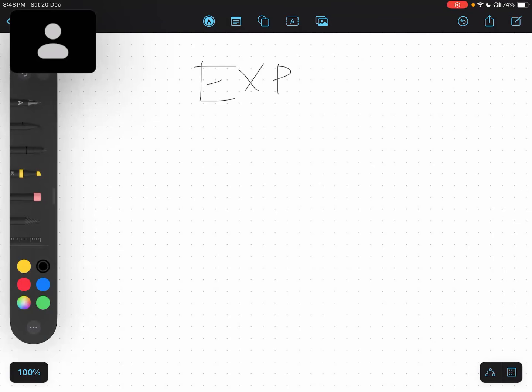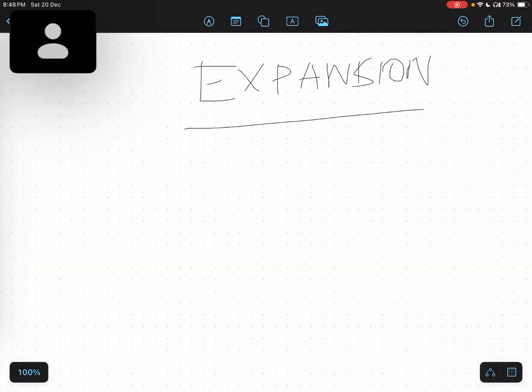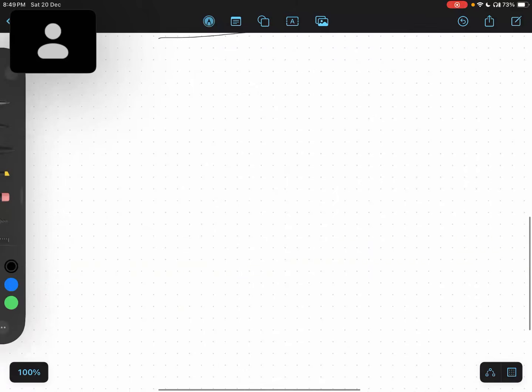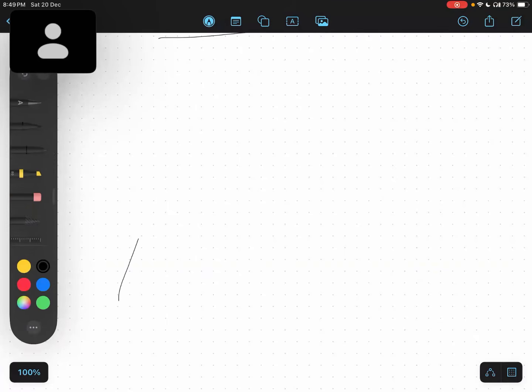So the topic was the expansion. If you want to know the expansion, you need to know about the market structure first. You all know the basic market structure: if it is a bullish trend, it always makes new higher highs.